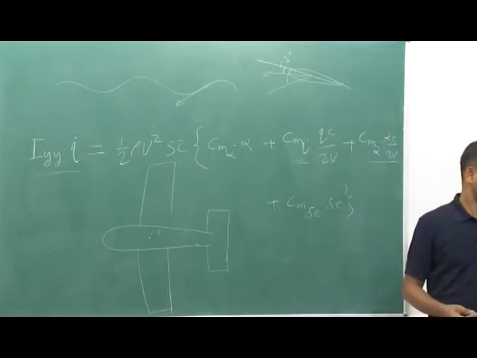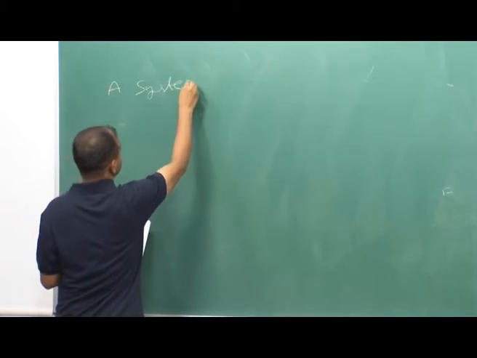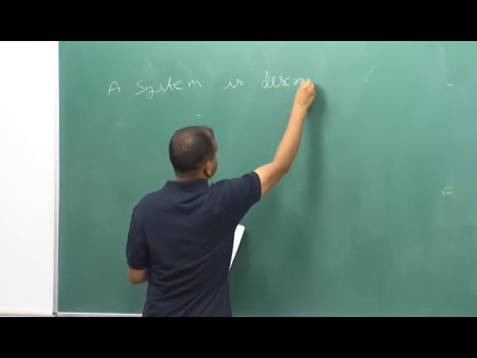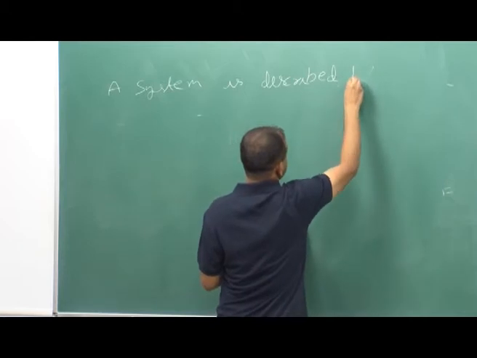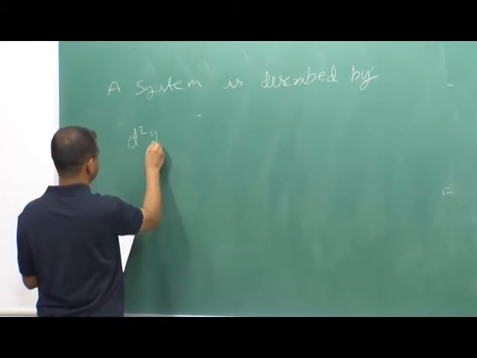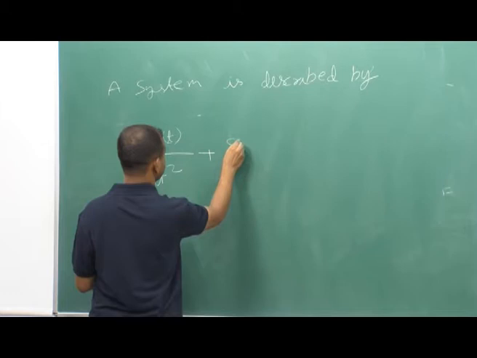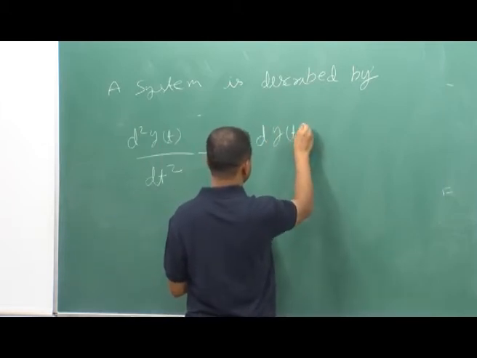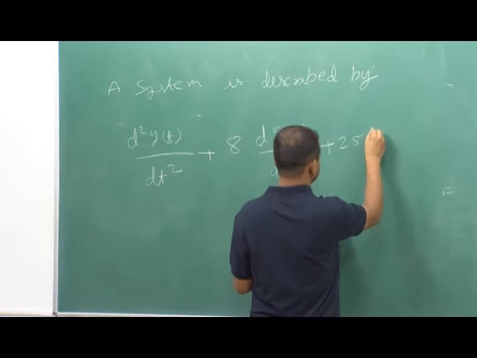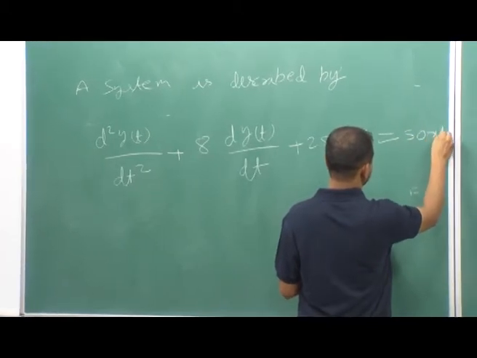Now, let us solve one numerical. A system is described by a differential equation d square y of t by dt square plus 8 dy of t by dt plus 25 y of t is equal to 50 x of t.